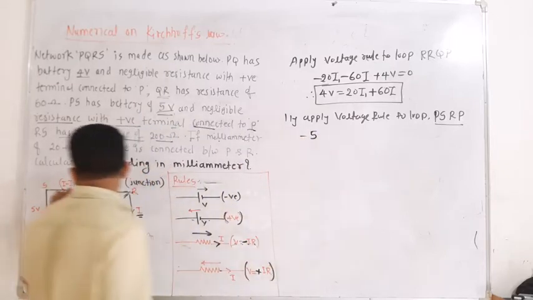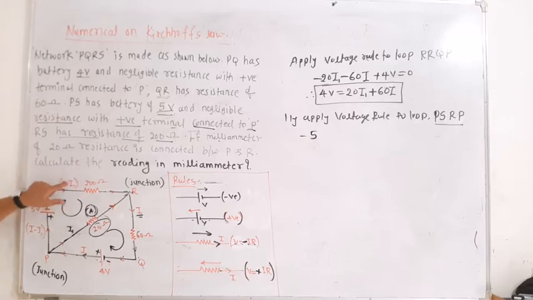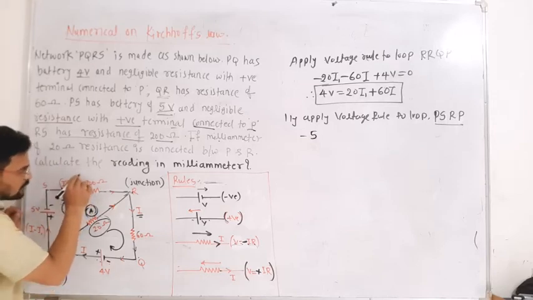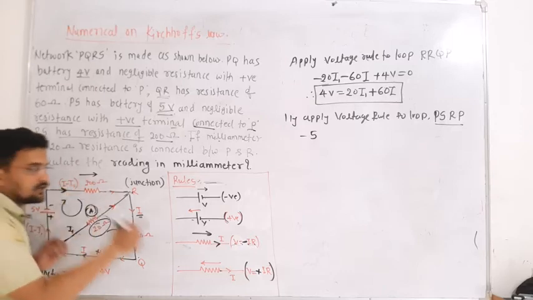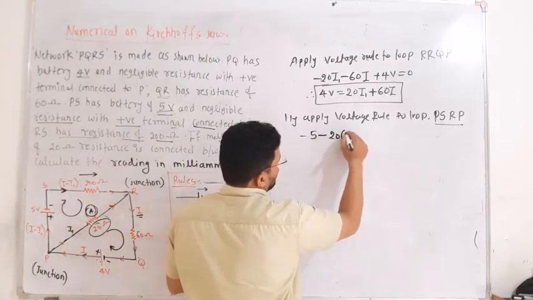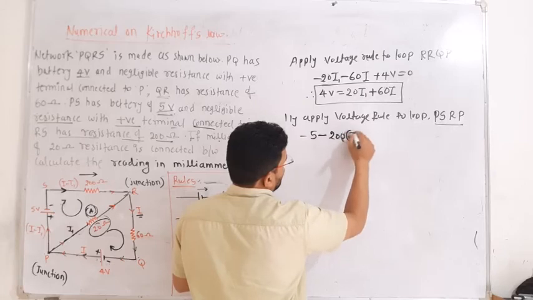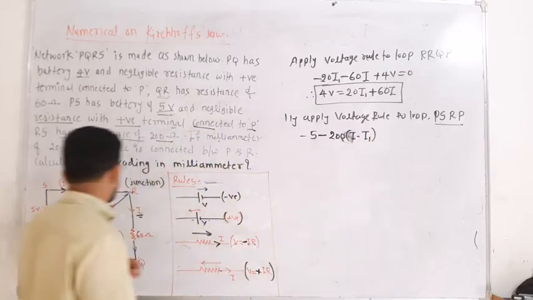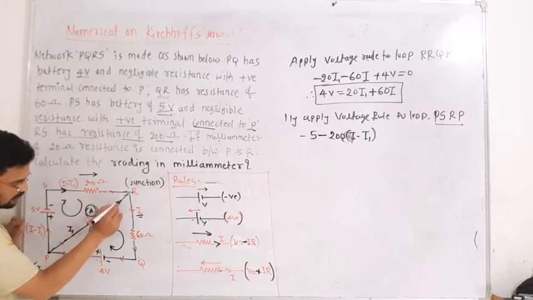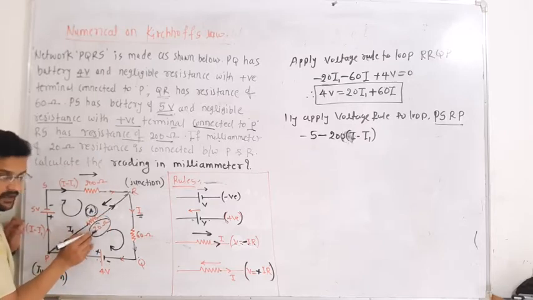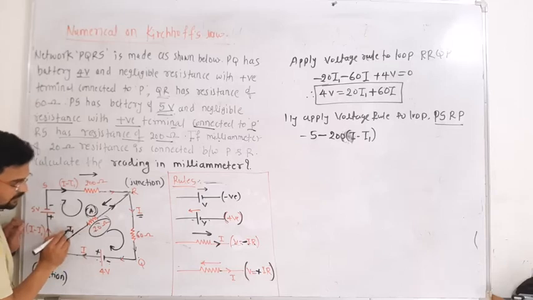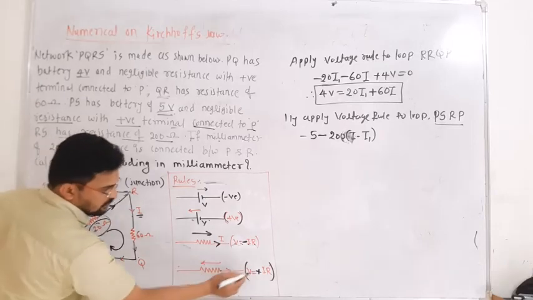Next, you encounter the resistance and the current. The current is in the same direction as your motion, and if both are in the same direction it should be minus IR, so minus 20 times (I minus I1). Next, at the junction, you are moving in this direction and the current is moving in the opposite direction, so it is 20 I1 with a plus sign.